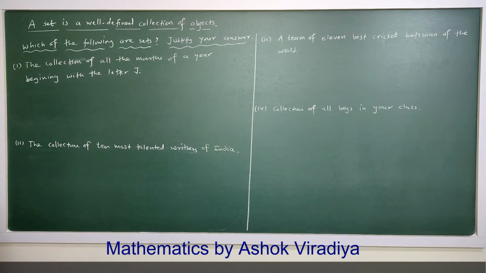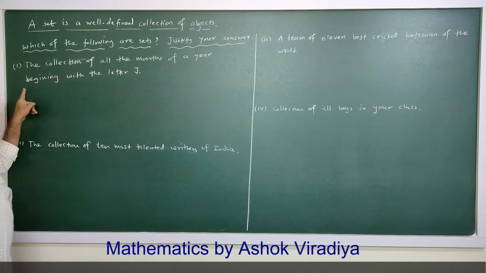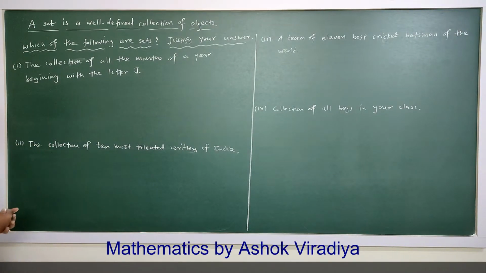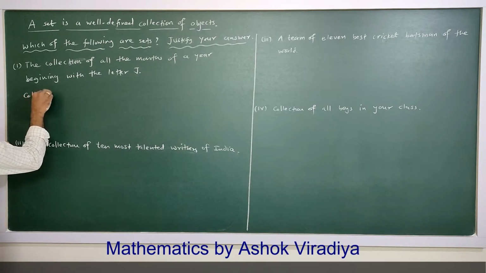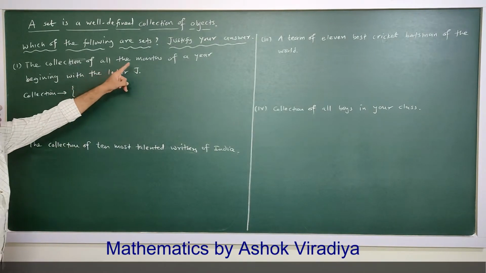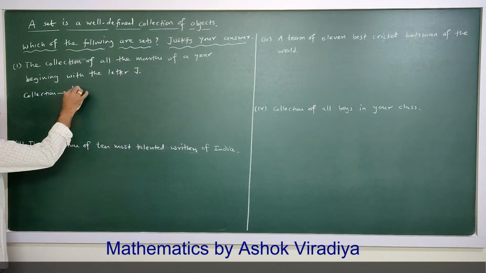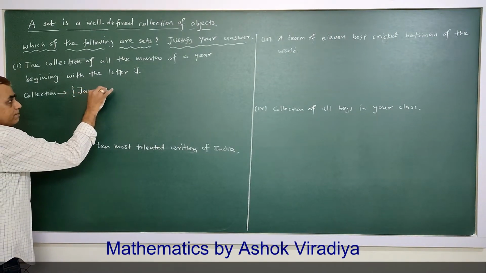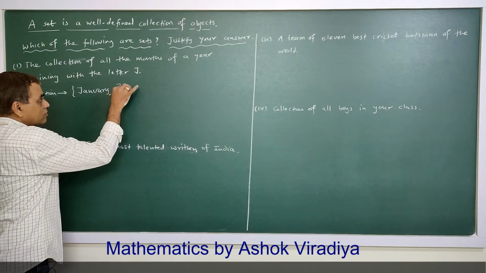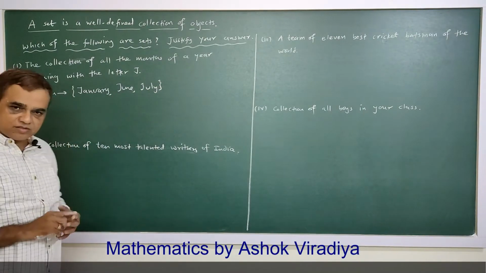See, the first example is the collection of all the months of a year beginning with the letter J. So if we prepare this collection, which are the months beginning with J? These are January, June, July. This is the given collection.